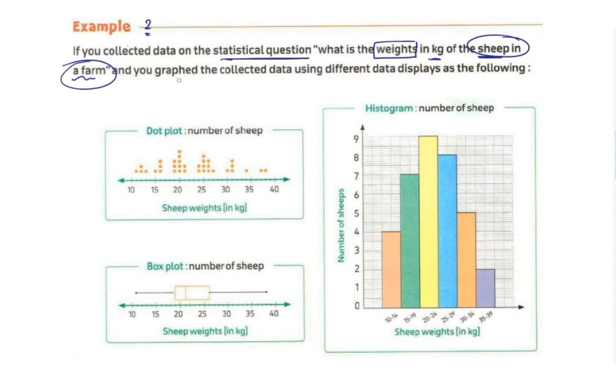Now you graphed the collected data using different data displays as the following: dot plot, box plot, and histogram as in the first example. And this is the result of your representation. Now you have some questions and find the answer to each of them.